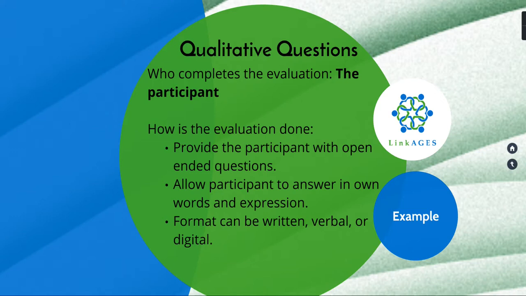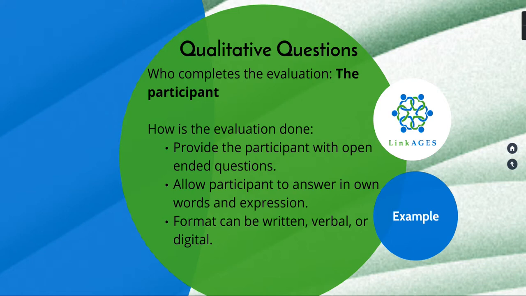Open-ended questions are when participants are allowed to answer in their own words and expression as much or as little as they would like. Then, you can provide these open-ended questions in either a written, digital, or verbal format directly to the participants. Next, facilitators will draw conclusions based off grouping the main themes found in these participant answers.